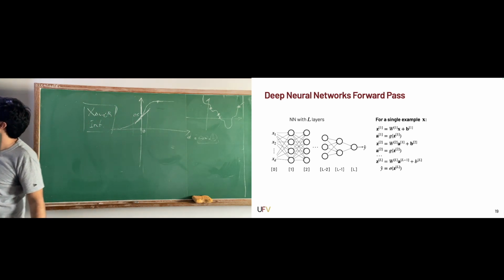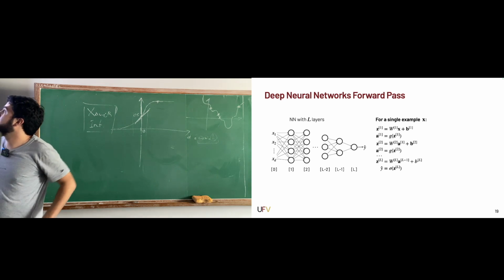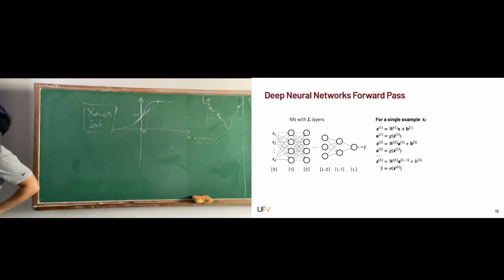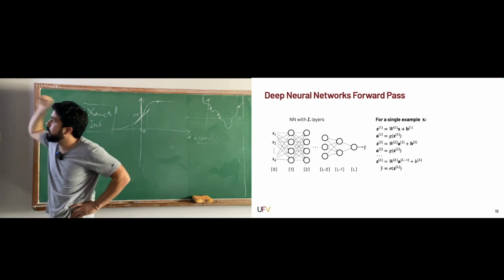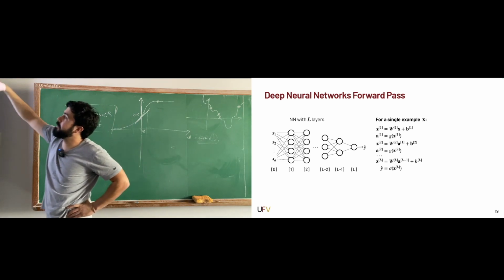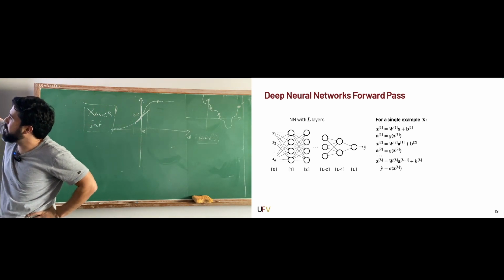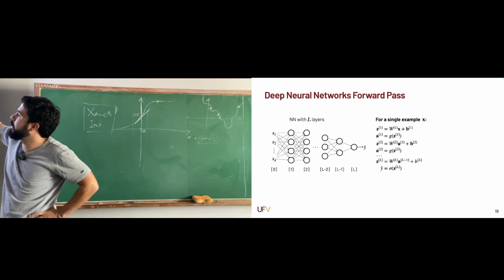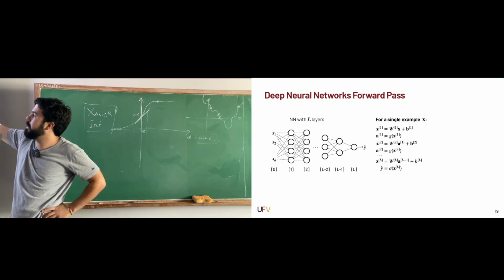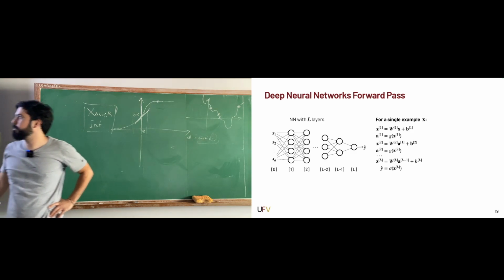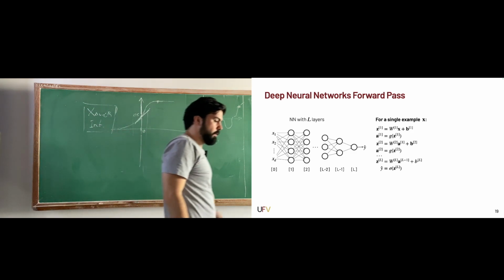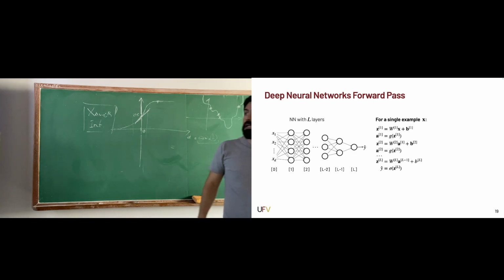Our first layer has a linear part W1x plus B1, and then we have an activation A1. Then we have Z2, A2, all the way down to ZL. And at the very end, we have a prediction with the output layer L.